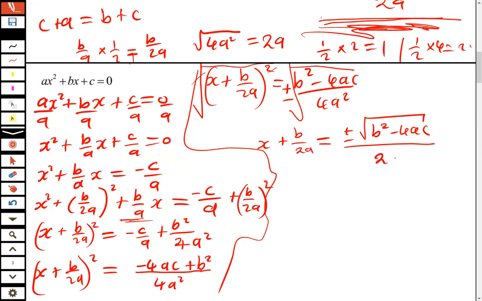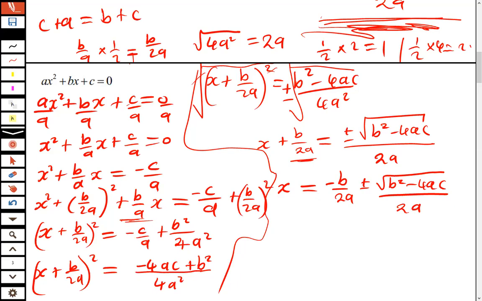So I'll write my 2a there. And then I'm going to have x this side, and then I'll take this part, which is b over 2a, to the other side of the equal sign. So I'm going to have negative b over 2a. Then there's this plus or minus there. Then we have the root of b squared minus 4ac, then everything divided by 2a.